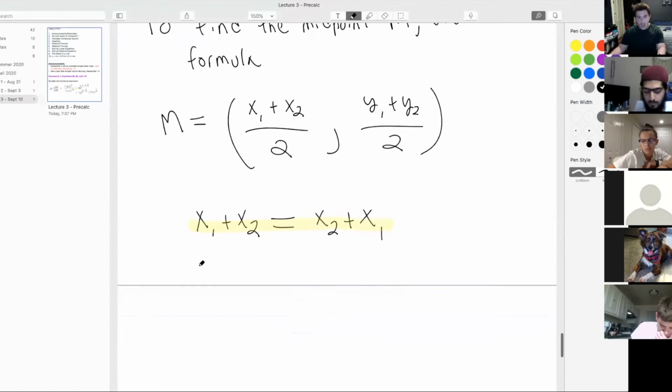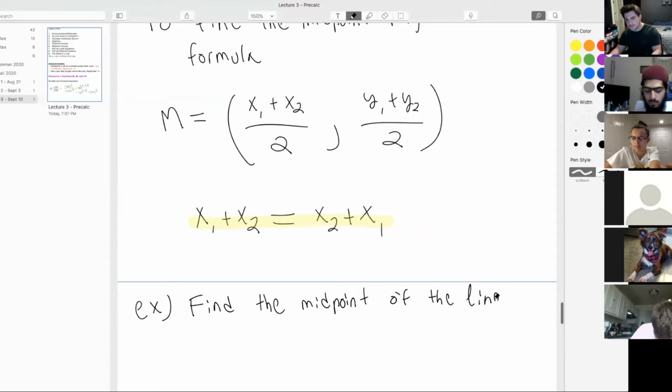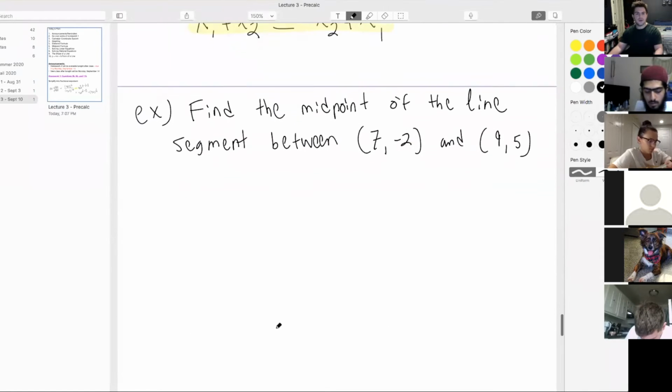Very good. Let's do a quick example using this formula. Find the midpoint of the line segment between the points 7, -2 and 9, 5.